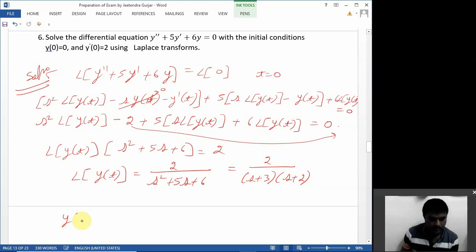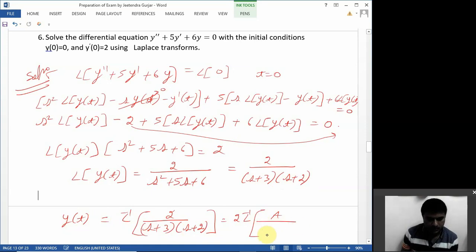So now y(t) I want to calculate, which is equal to inverse Laplace of 2 divided by (s + 3)(s + 2). So this is equal to 2 times inverse Laplace of, I will just take the partial fractions, students. This is A divided by s + 3 plus B divided by s + 2.